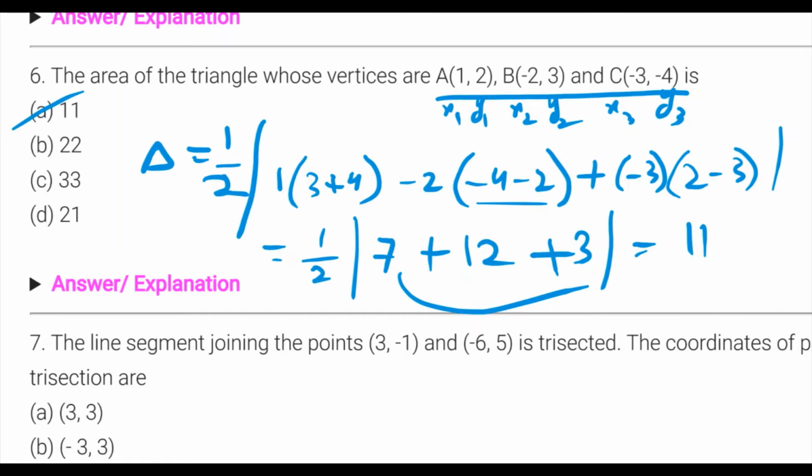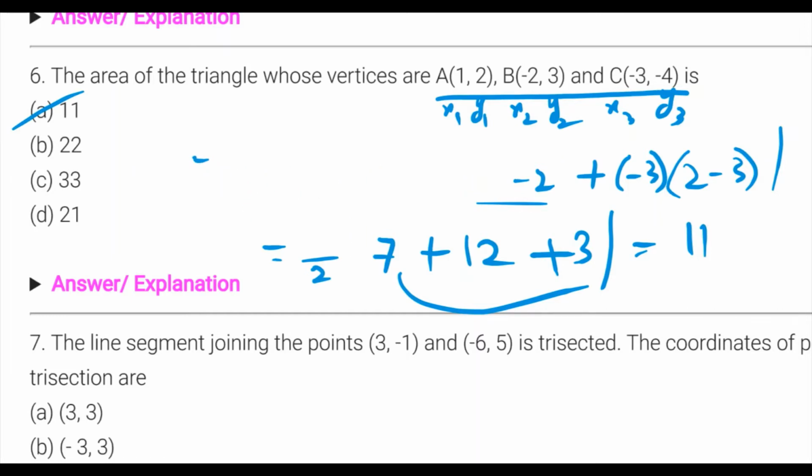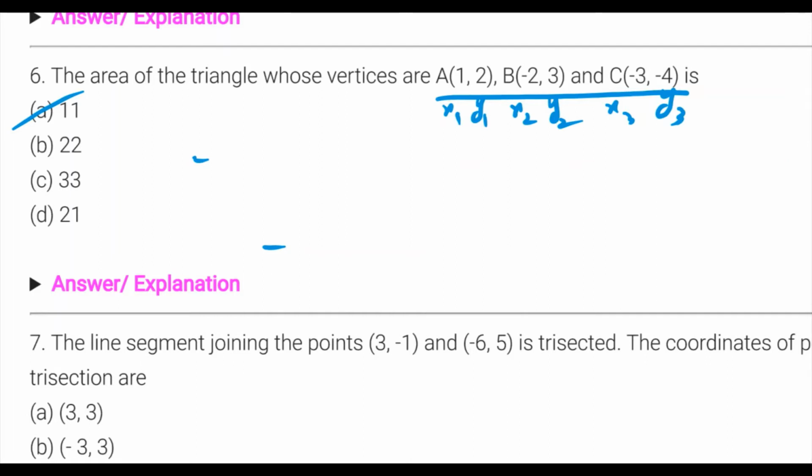We will try to do this problem in a shortcut manner. I'll tell you one procedure to find the area of a triangle.